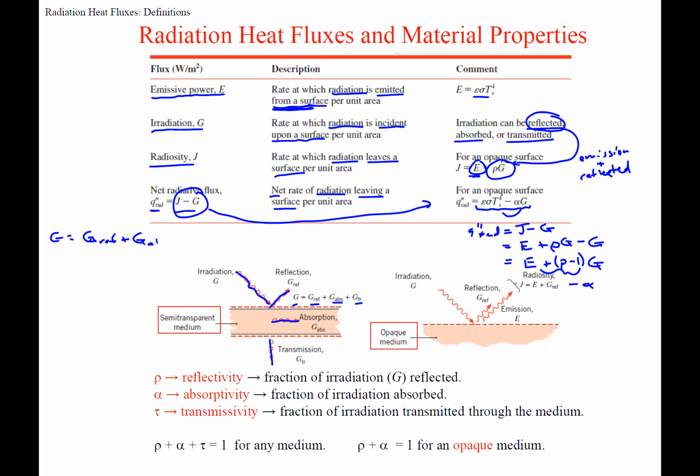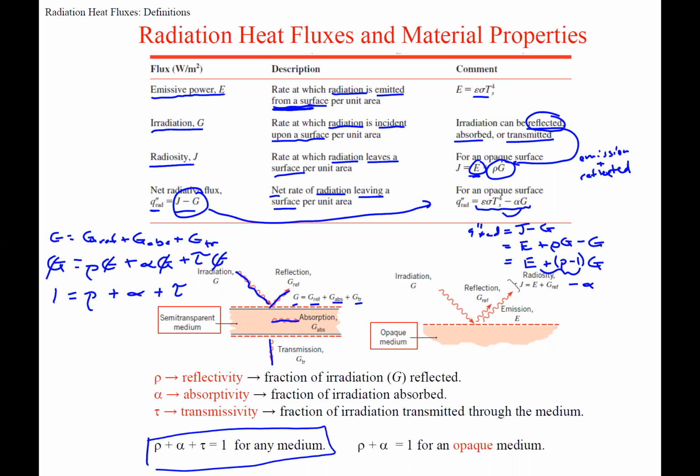Well, the reflected amount is just the reflectivity times G. The absorbed amount is just the absorptivity times G. And the transmitted is just the transmissivity times G. And that all is equal to G. So if I cancel G out, you then have 1 equals reflectivity plus absorptivity plus transmissivity. And that's what you see right here. Okay, that's where the relations of those 3 parameters of a material are.